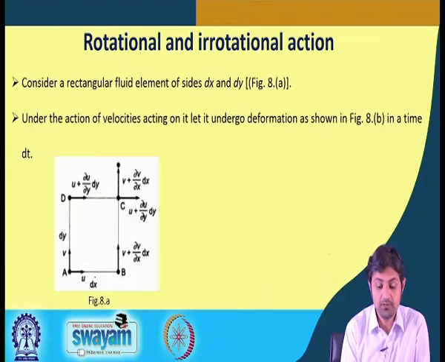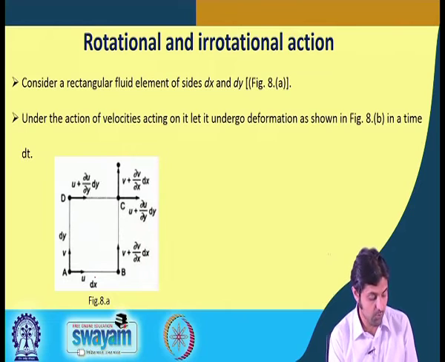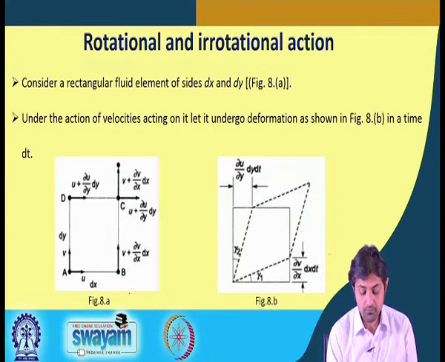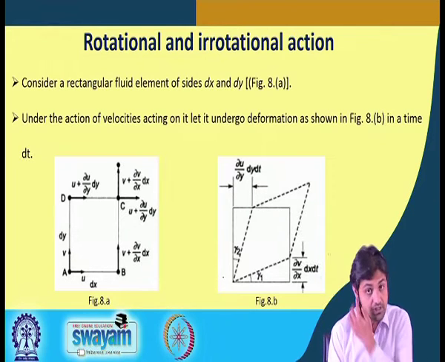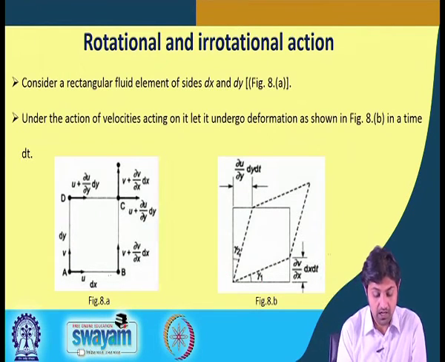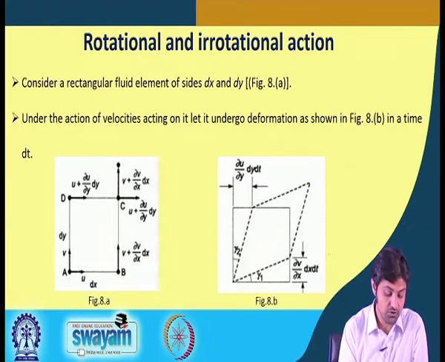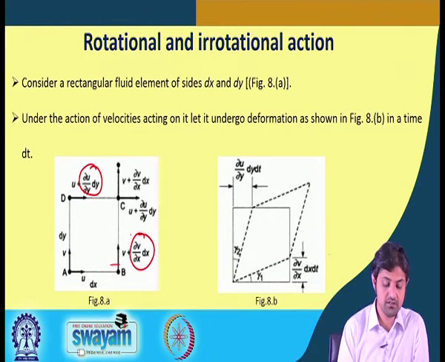So, this fluid element can undergo a rotation or a deformation, as we can see here. So, this will undergo some rotation, and at point B the velocities, if we assume in this direction, are changing. So, u is changing in this direction as del u by del y into dy, and similarly, while coming from here, this velocity is changing in x direction as del v by del x dx.